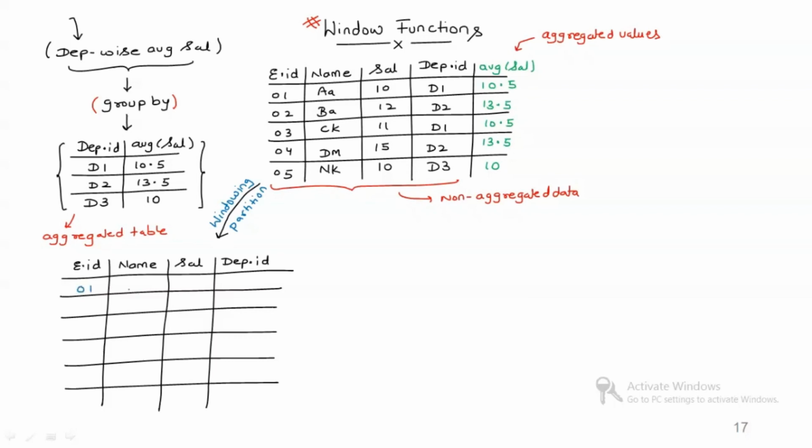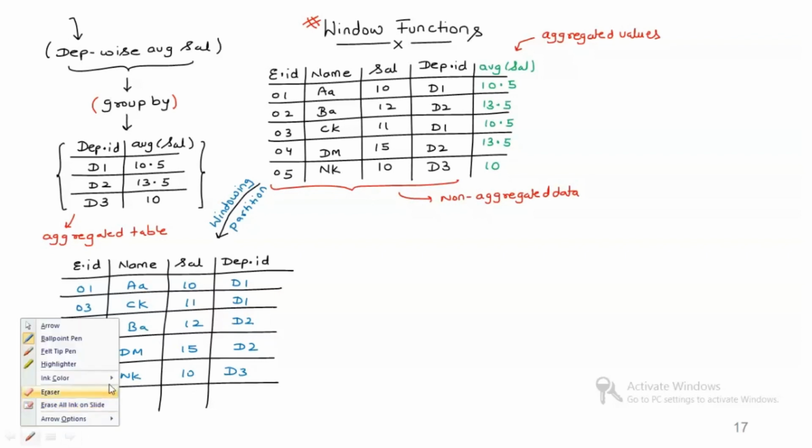I'll start with 01, AA, 10, D1, and then I will place the other employee with department D1, which is 03, CK, 11 and D1. Then I'll pick employees with department 2: 02, BA, 12, D2 and 04, DM, 15, D2. Finally, 05, NK, 10, D3.